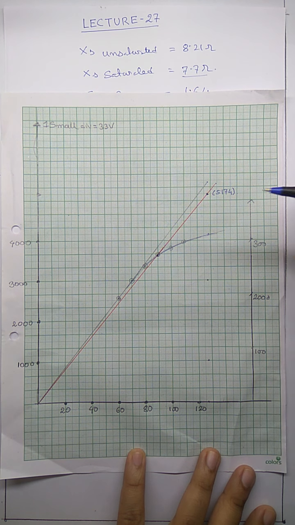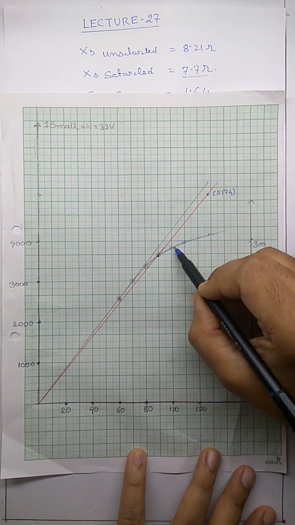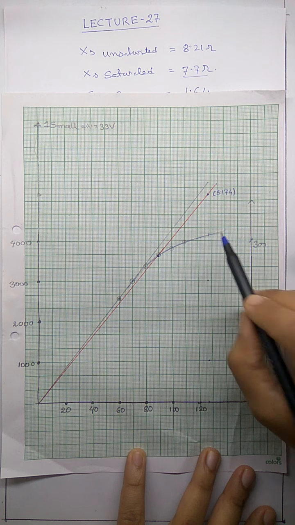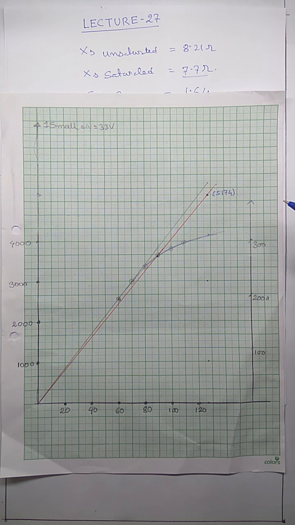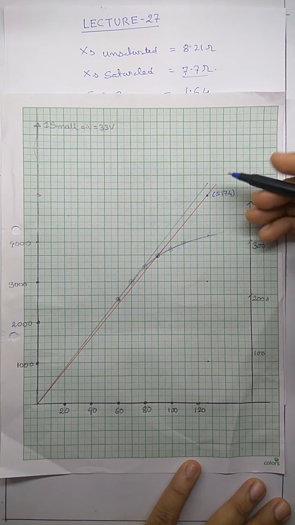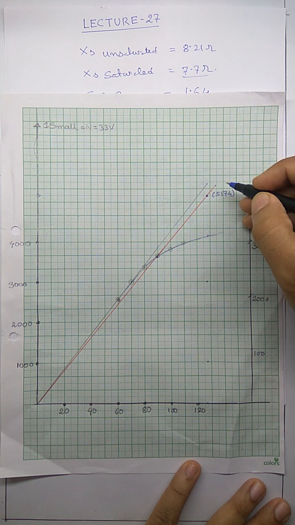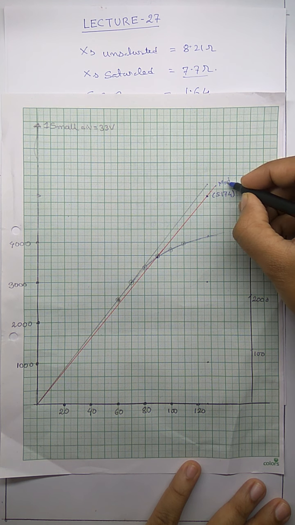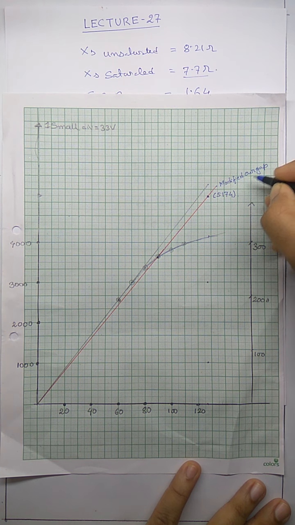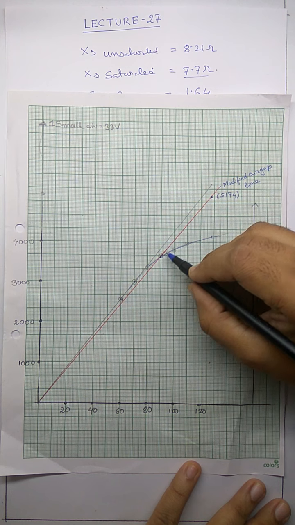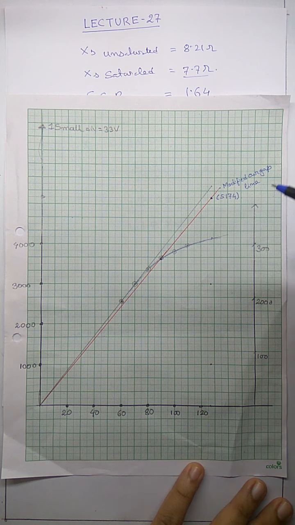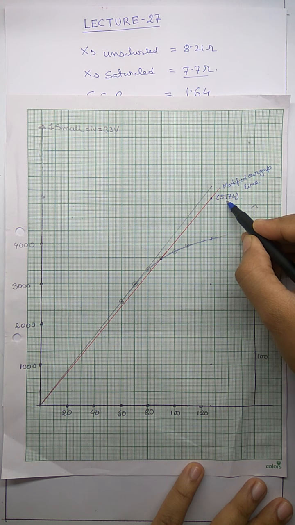So it will be better if we take care of this curve. If we evaluate the performance of the machine along this curve, it will be more accurate. So how do we do that? Corresponding to this point on this red line, which is the modified air gap line, this point corresponds to the voltage 5174.